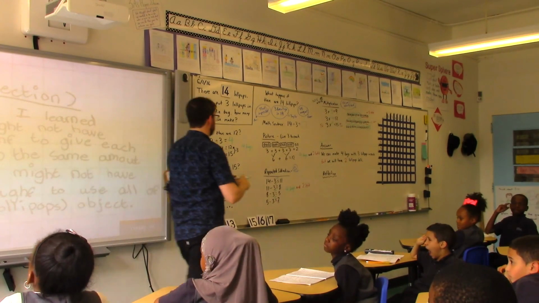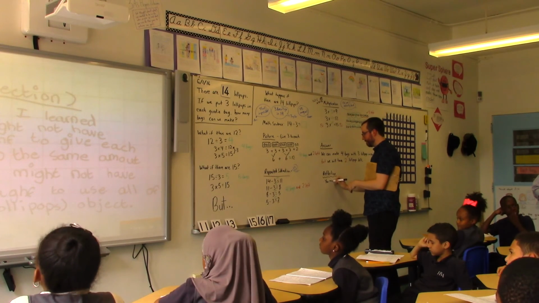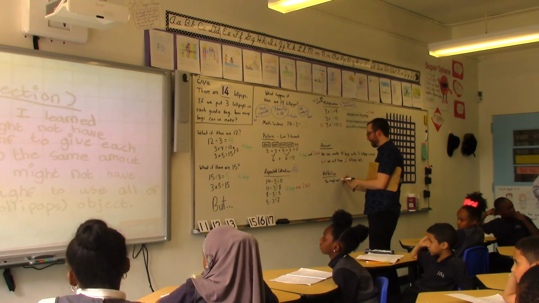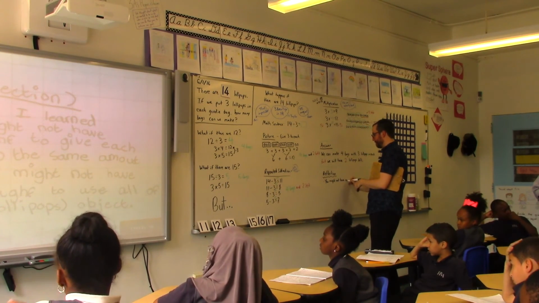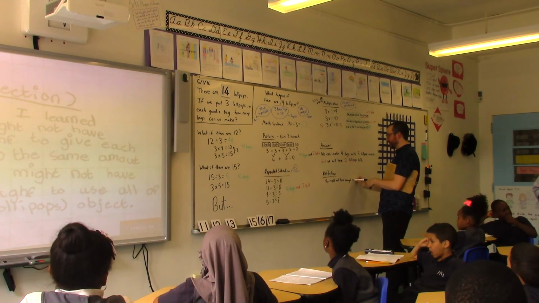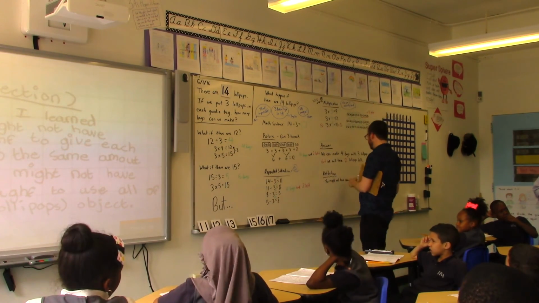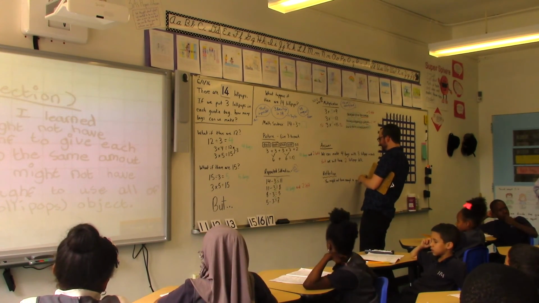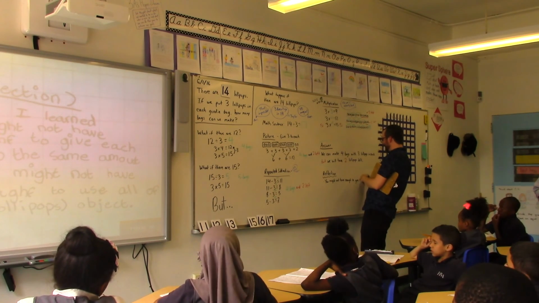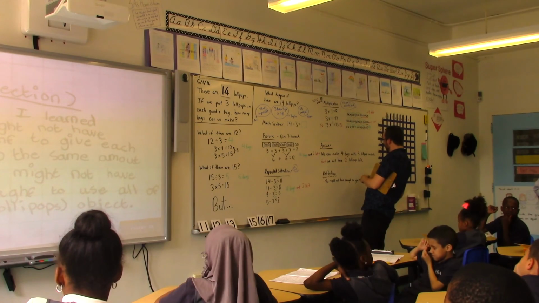"Today I learned you might not have enough to give each group the same amount and might not have enough to use all of the lollipop or object." I'll just say, give each group the same amount.